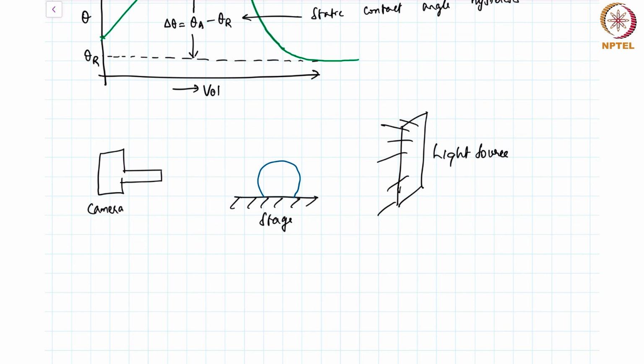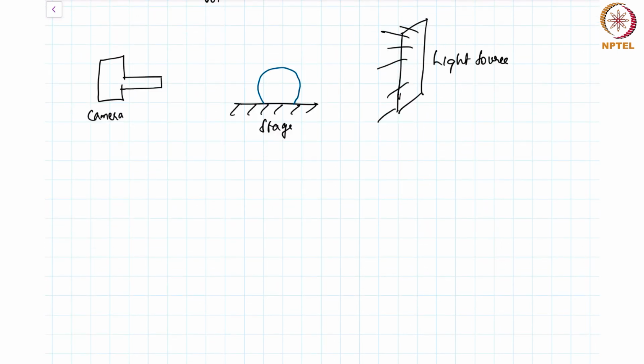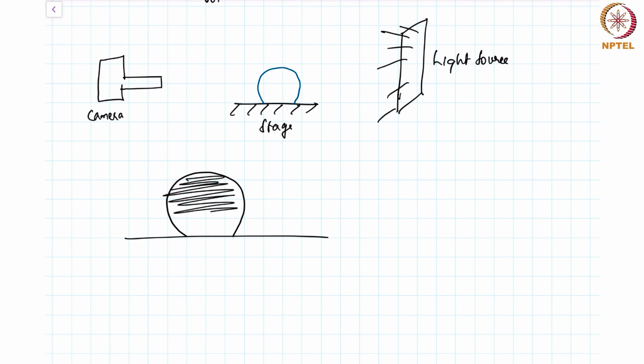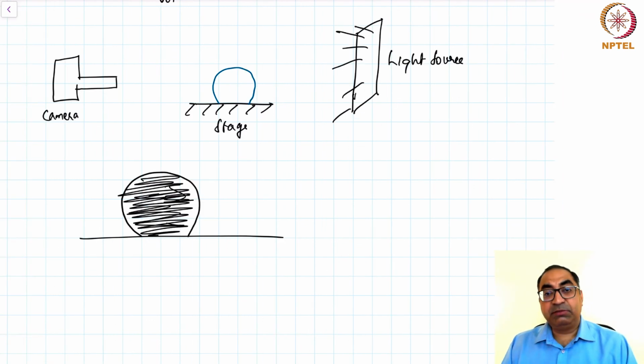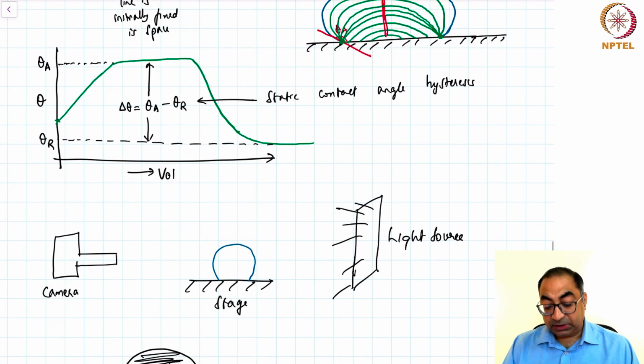So if you do an experiment like this, the droplet will appear like this, completely dark. So you have a dark droplet and the rest of it tends to be bright, and from this we can use image processing algorithms to get the shape of the interface and hence the contact angle.